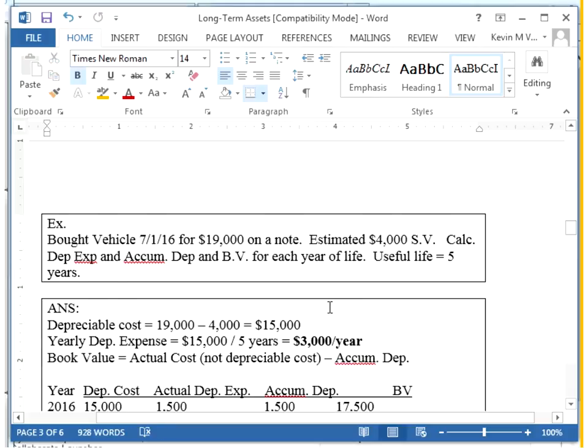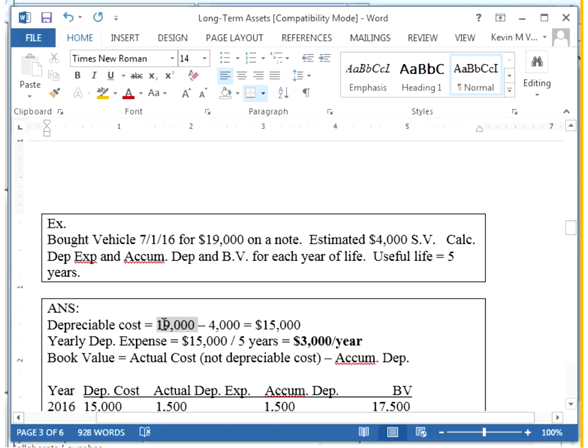I didn't have it for the whole year. I only had it for a half a year. So in 2016, my actual depreciation expense is really only $1,500, which is also my accumulated depreciation since I didn't have anything before this. And that leaves me with a book value of $17,500.